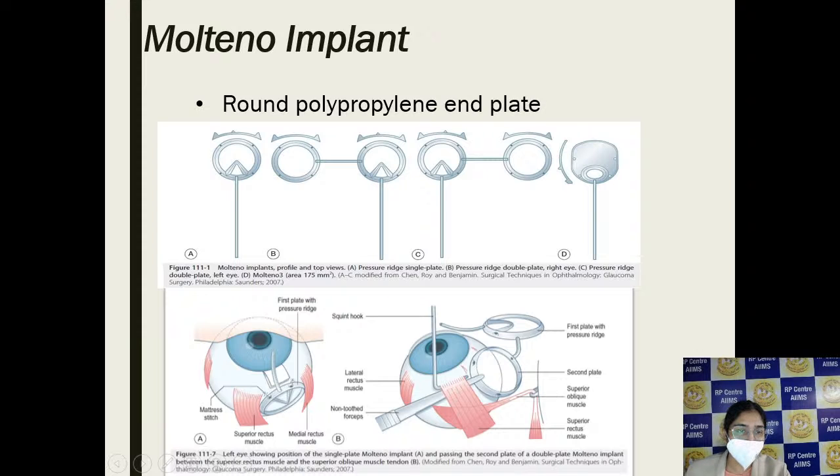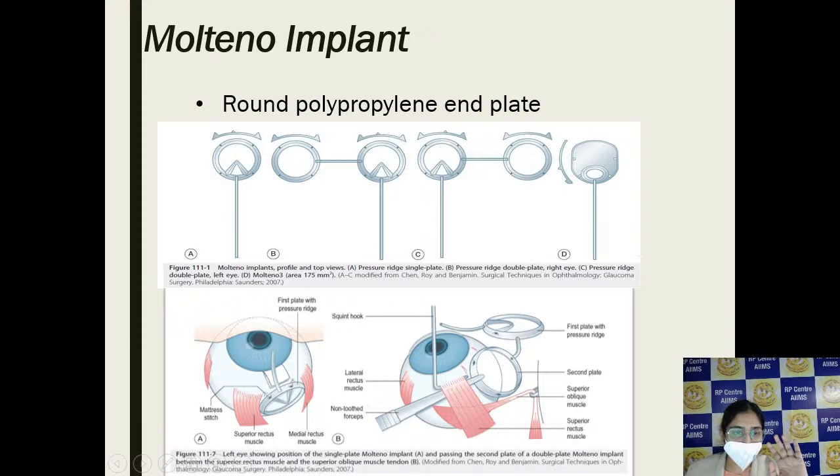The conjunctival tissue grows and presses on this portion, creating a two-chamber kind of arrangement, and hence there is a slow drainage of fluid from the tube into the plate, and fewer chances of post-operative hypotony.